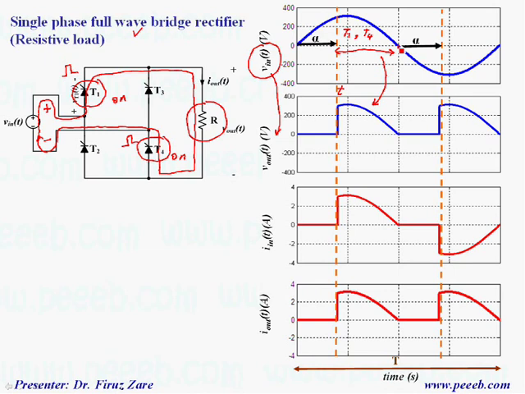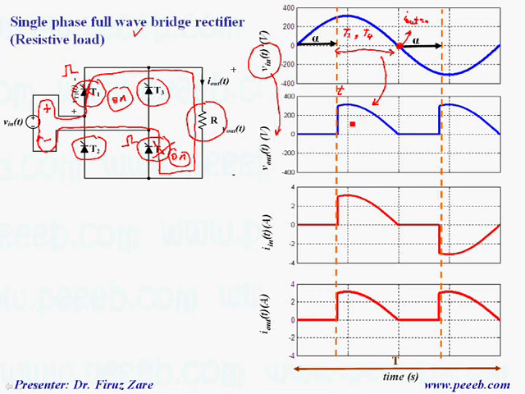At this zero crossing, because the current through the load, or output current, is 0 and is getting negative, that's why these thyristors are turning off. If these thyristors are off, because these two were in off state, the output voltage is 0.